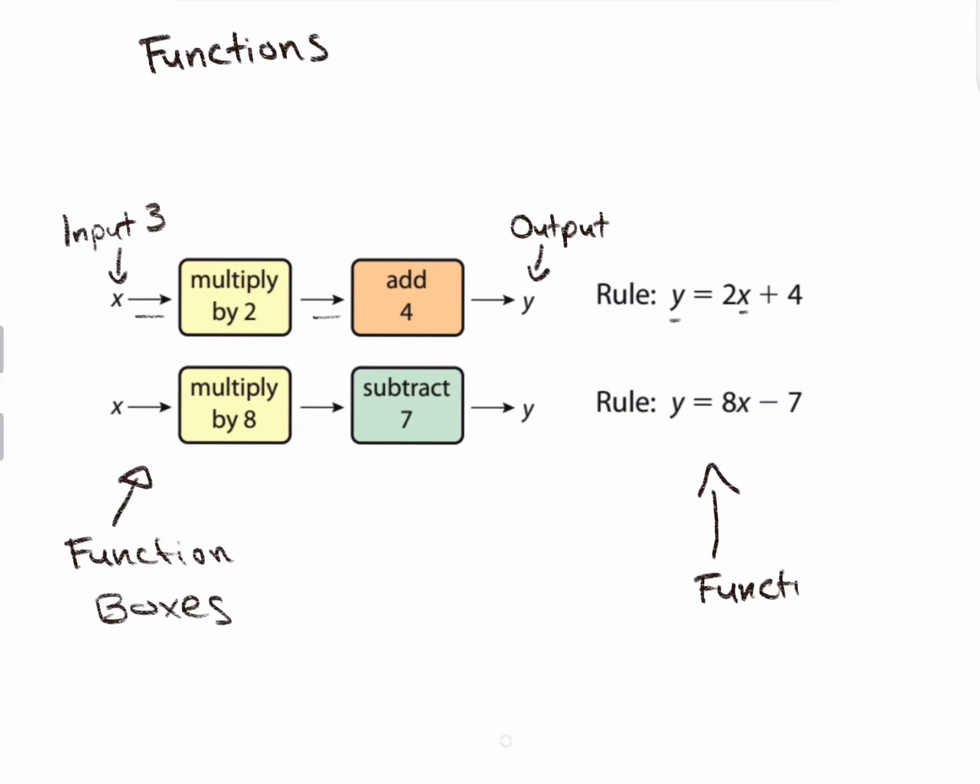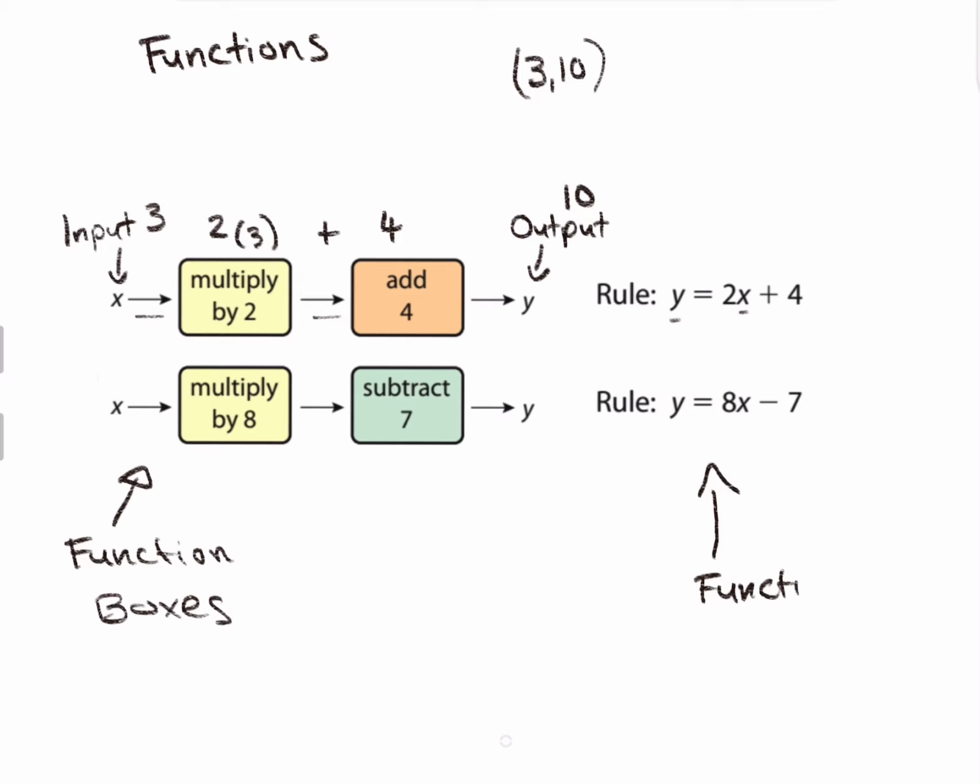So first thing I'm going to do is multiply 2 by 3. So 2 is going to be multiplied by 3. And then I'm going to add 4 to it. Okay? So 2 by 3 is 6, plus 4 is 10. So my input was 3, my output was 10. So we write 3 and 10.